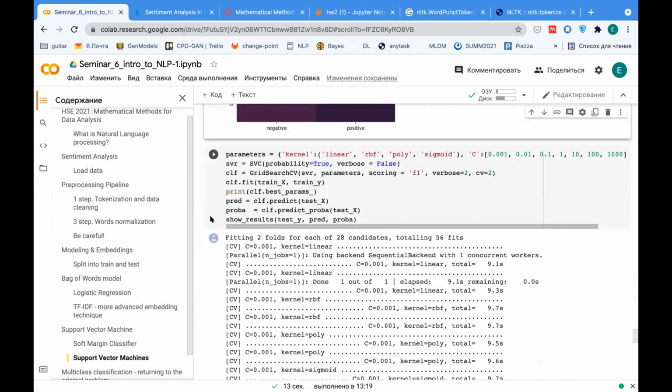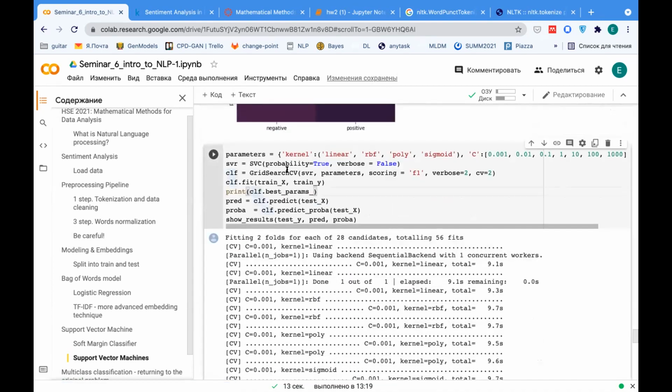We can also run grid search and try different kernels for our SVM. Kernels are just a way to transform our space to some other one, so we can use nonlinear boundaries.